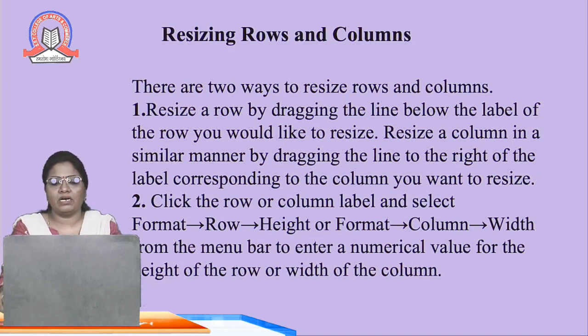Or click the row or column label and select Format Row Height or Format Column Width. Using this, by giving a numerical value, we can maximize or minimize the row height and column width. According to the number we give, the selected rows or columns will be adjusted.